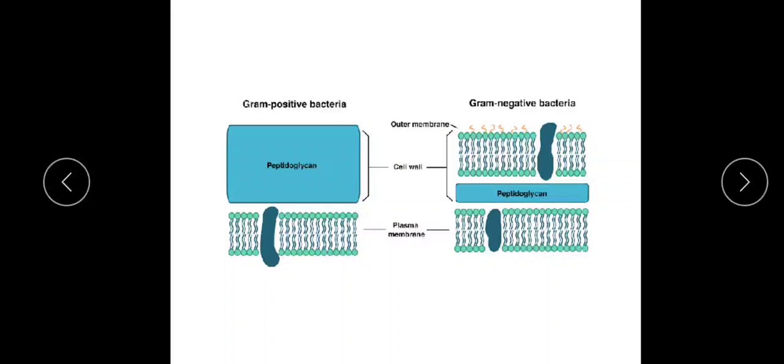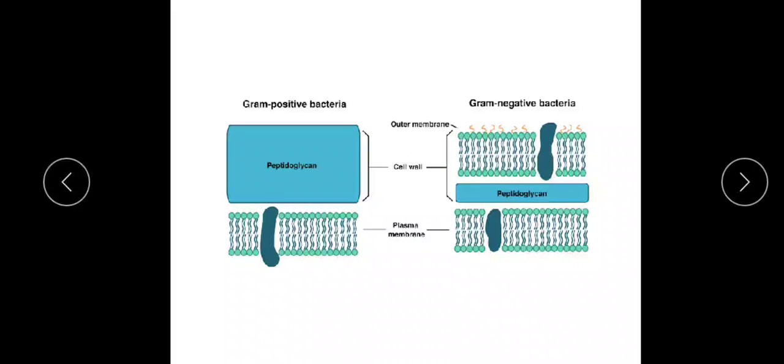Autolysins are enzymes responsible for loosening the bonds of the peptidoglycan layer. So that enzyme action is regulated by teichoic acid. And the third function is that it controls cell division.